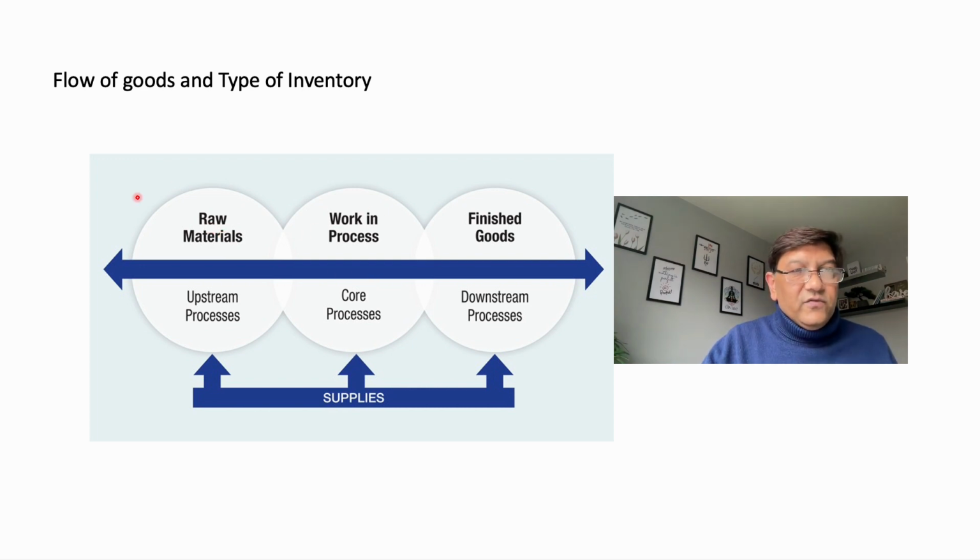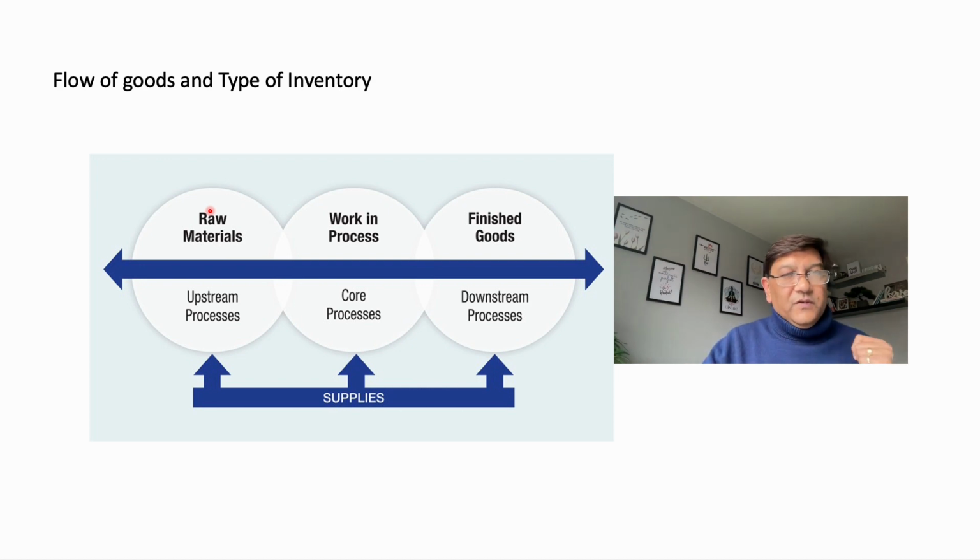In that case, we don't need to keep the inventory here, and we don't need to keep the inventory here, because as soon as we manufacture those 500, we will send it to the customer. That is the way the industries are working now, and this is the way to move forward, because keeping the inventory in-house at the stage of finished goods or the raw material, we never know when the trend is going to change.